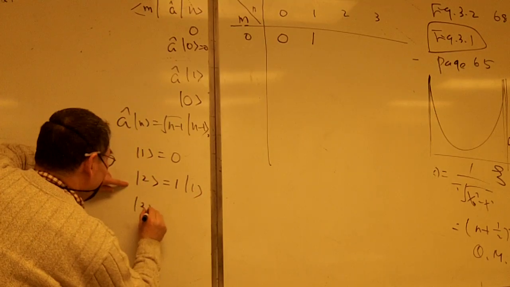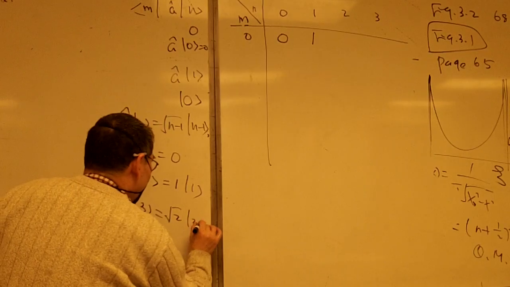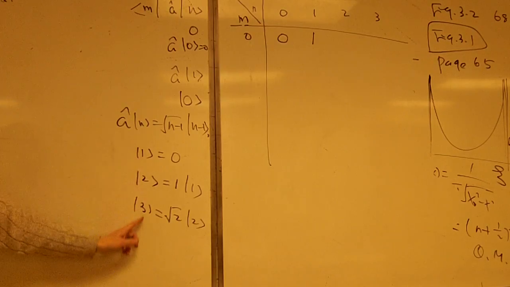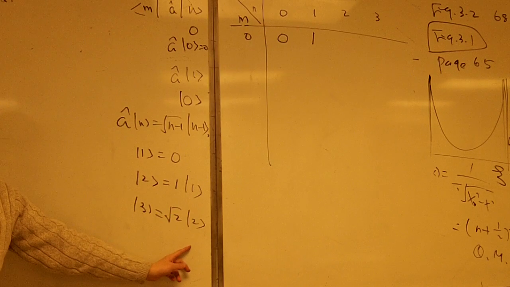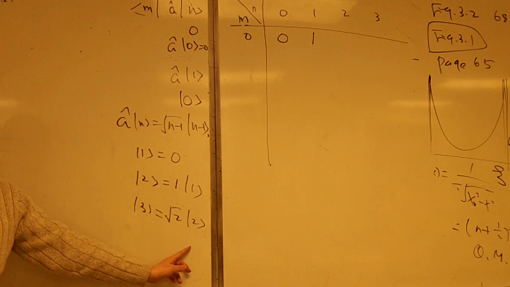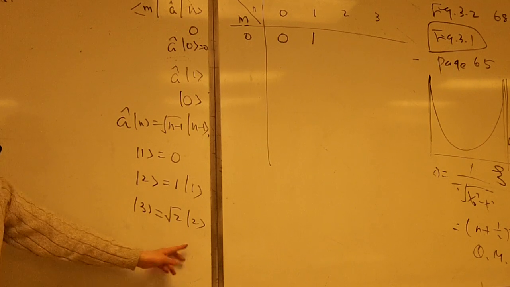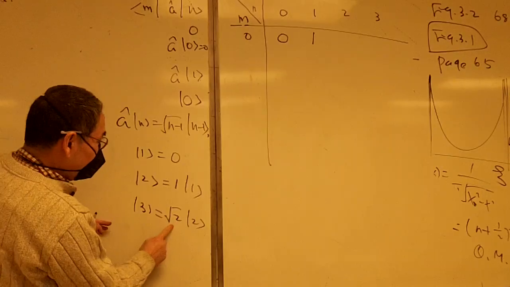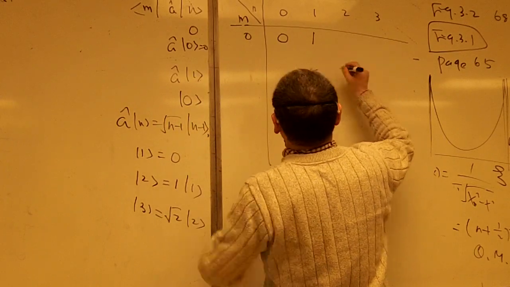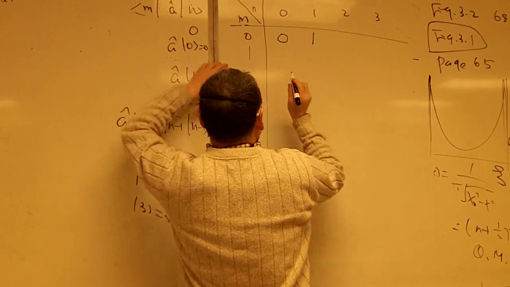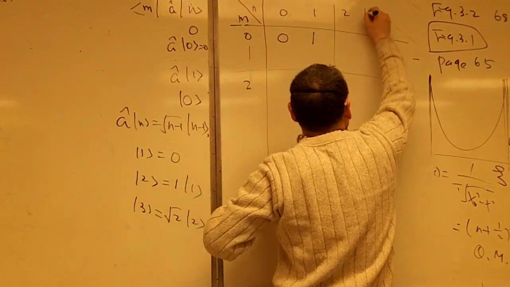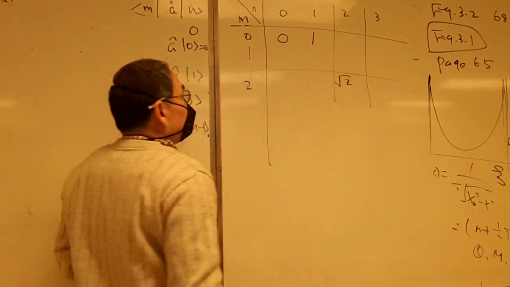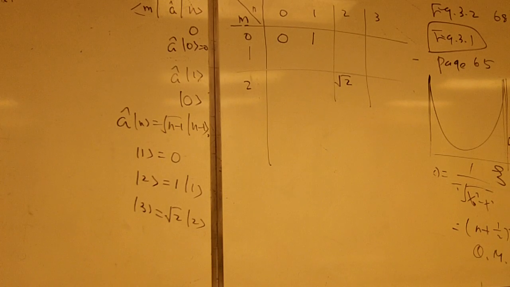If n equals 3, this will be square root of 3. Can you see here, whenever I apply to 1, 2, 3, this will be 0, 1, 2. Make sense? So all these off-diagonal terms will remain. Is that correct? And so that's why, if this equals 1, I get coefficient 1. If this equals 2, I get coefficient square root 2 here.